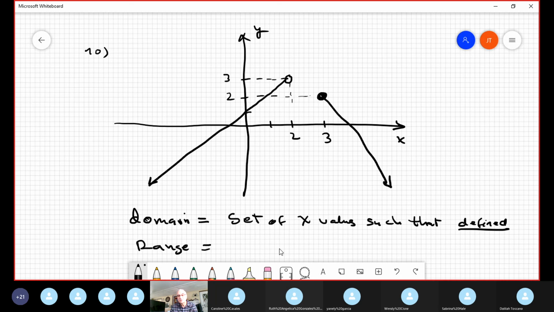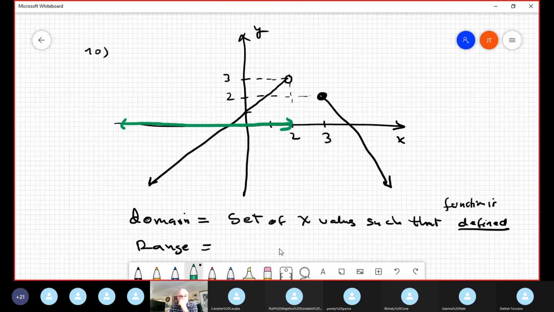If the function is undefined, for example at the open circle, it's undefined. We have in between 2 and 3 one gap. So basically, the domain of this function is from negative infinity to 2.